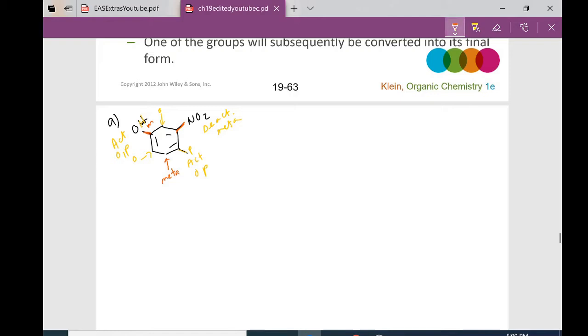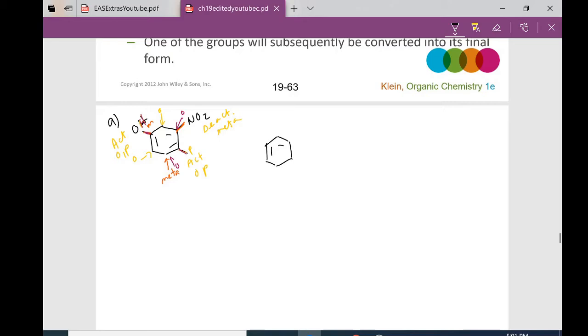Okay, and then we have here this weak activator, this methyl group, and incoming groups are going to be ortho to the methyl, which is here and here, or para to the methyl. So most of these are blocked, but the thing is that the OH group is our strongest activator, and remember, activators trump deactivators.